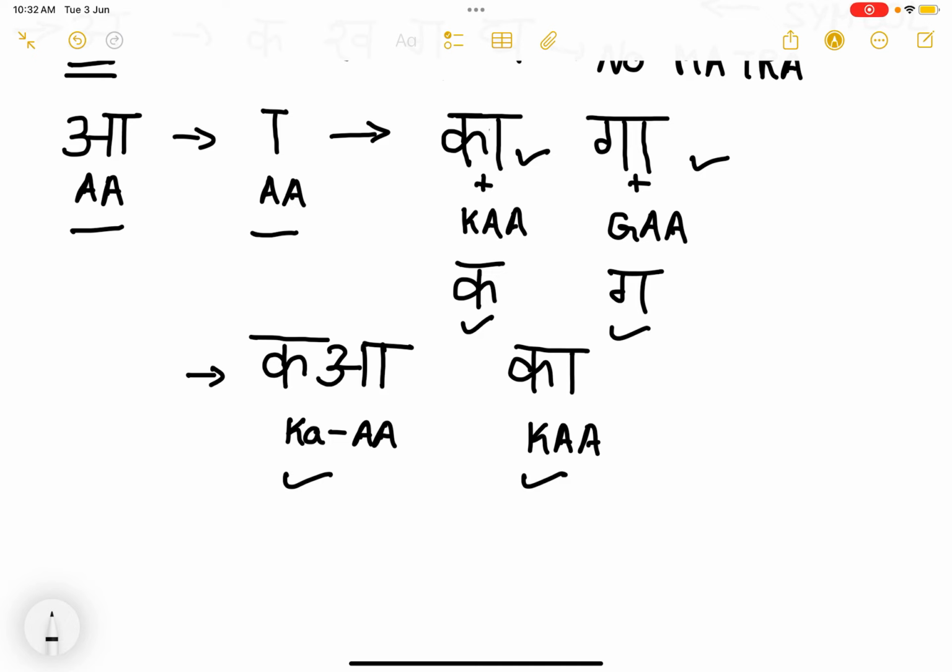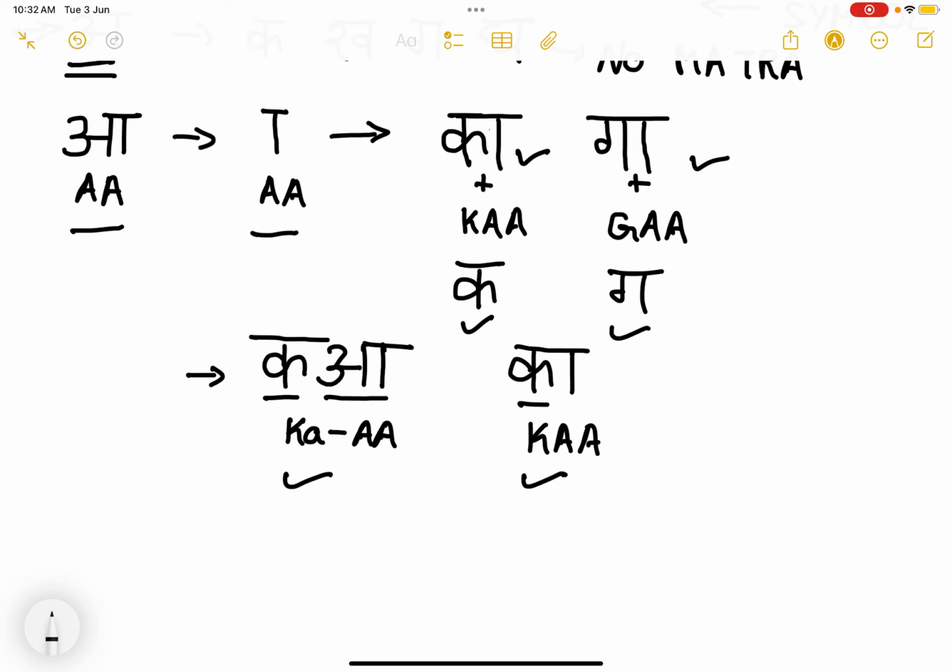We have vowels, and we have these matras that are symbols which carry the vowel sounds. If you write a vowel in a word, then it is pronounced independently. It does not join to the letter.